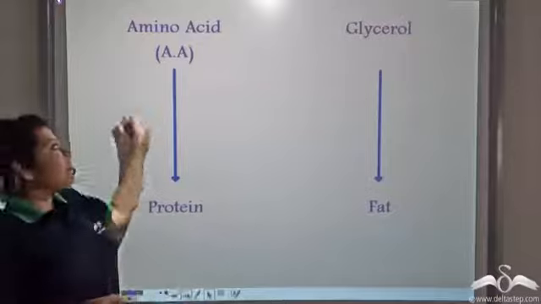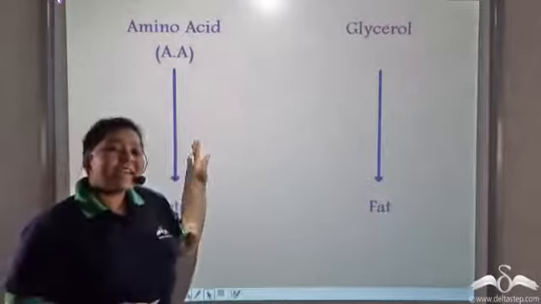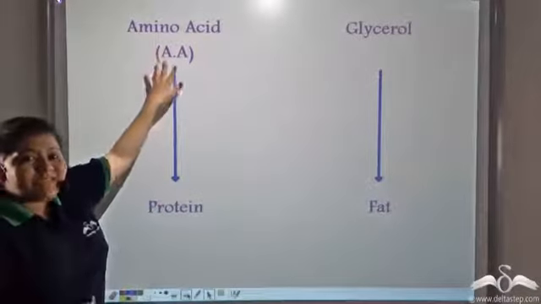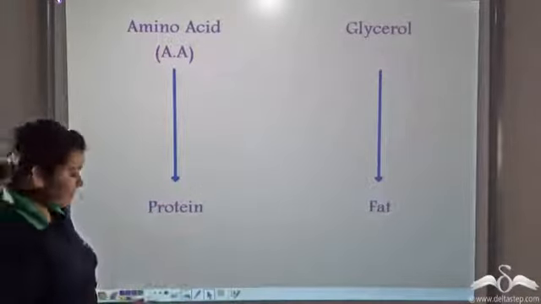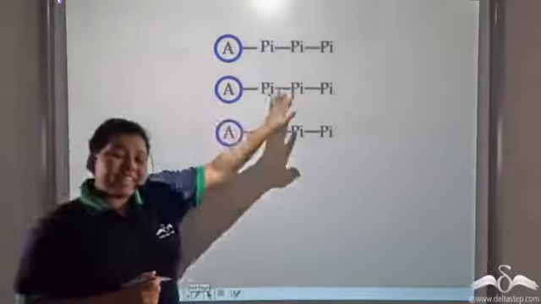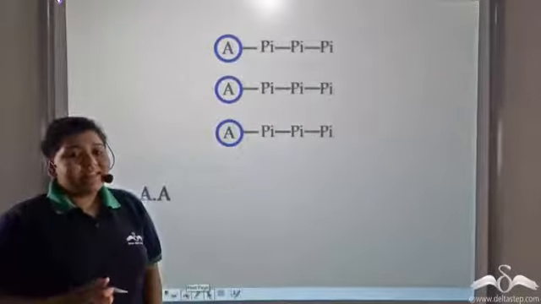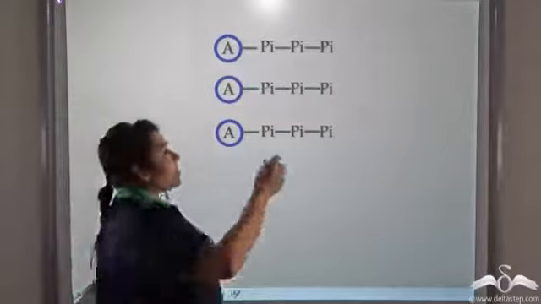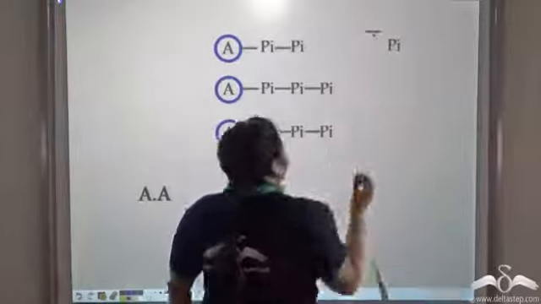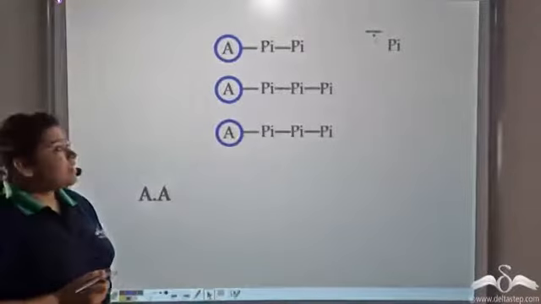Now, let us see one example of how ATP helps in the conversion of amino acids to proteins. These are ATP molecules. Now, ATP breaks down to form ADP and inorganic phosphate.